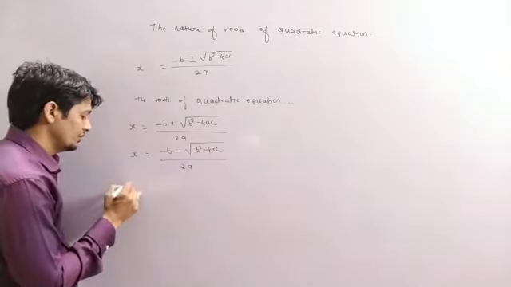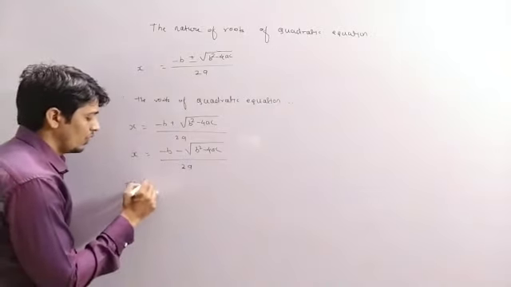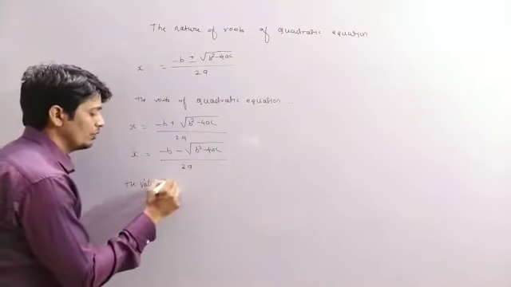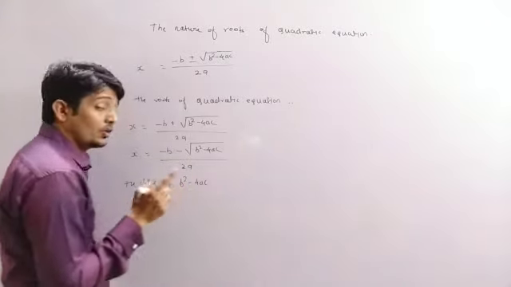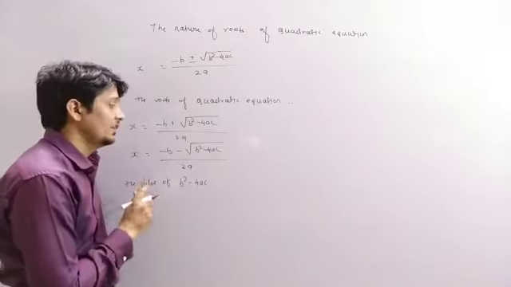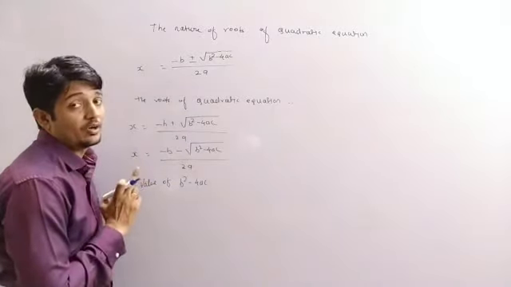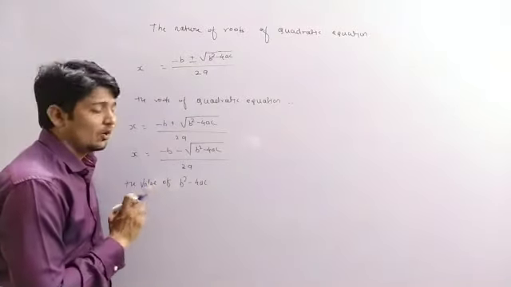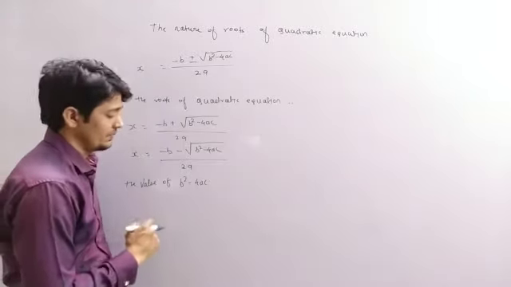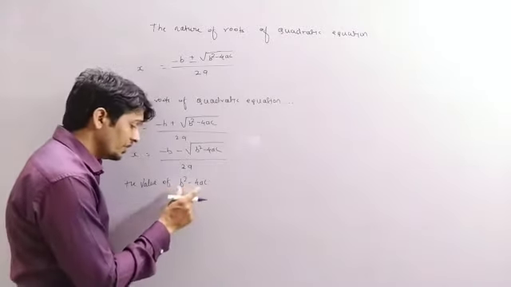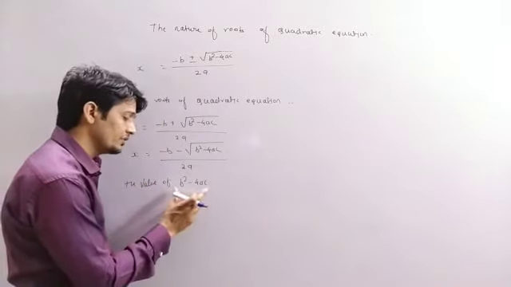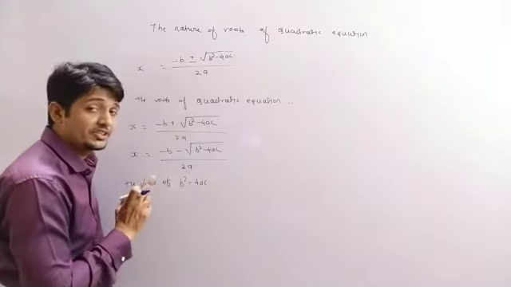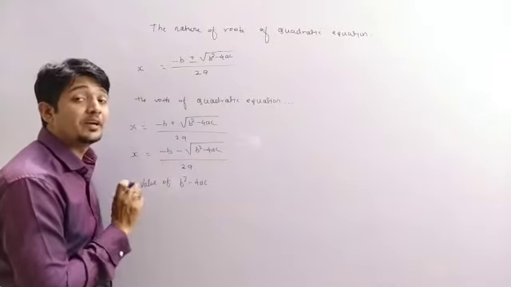The value of b square minus 4ac decides whether the roots of the quadratic equation are real, not real, or real and equal. So this value decides the nature of the roots. That's why the value of b square minus 4ac is called the discriminant.